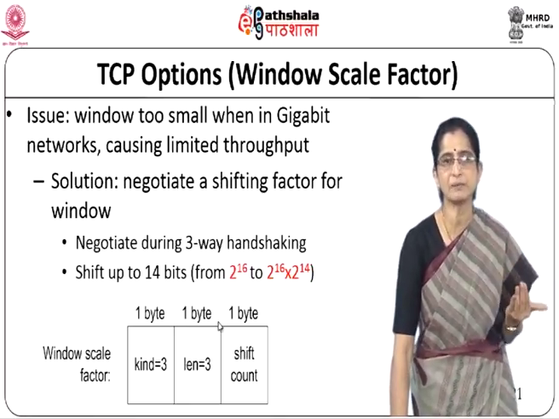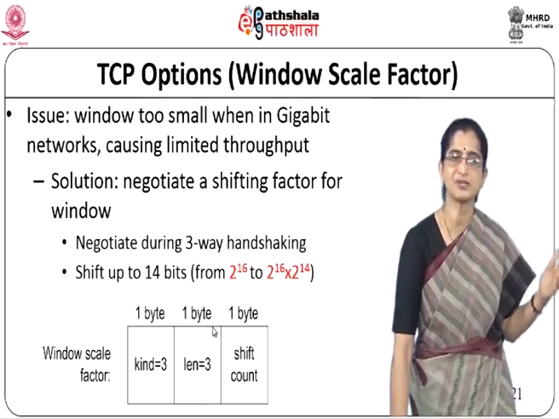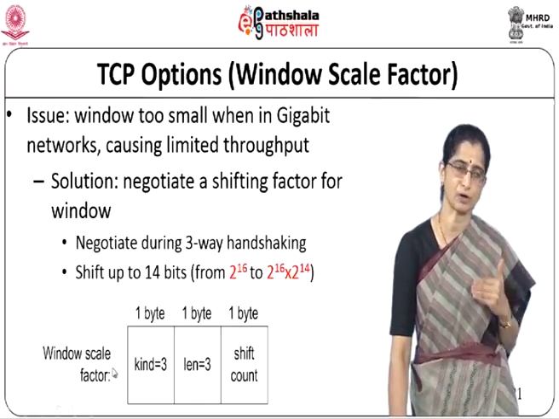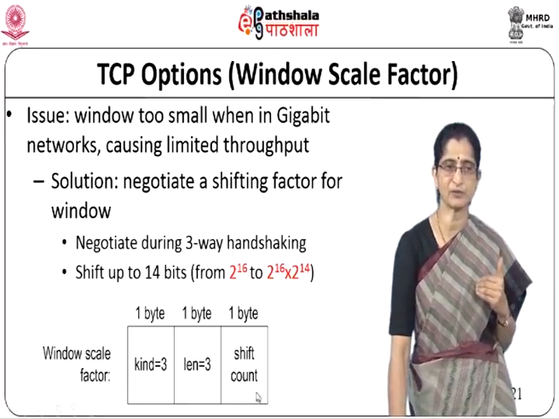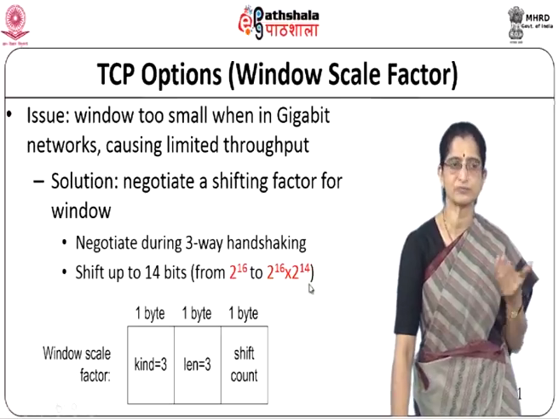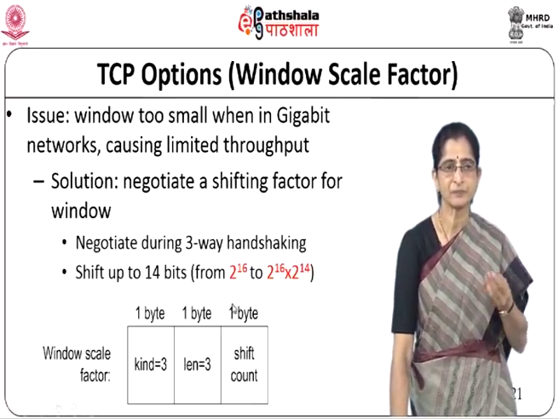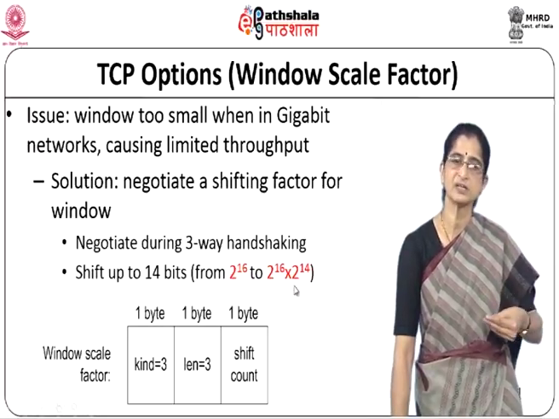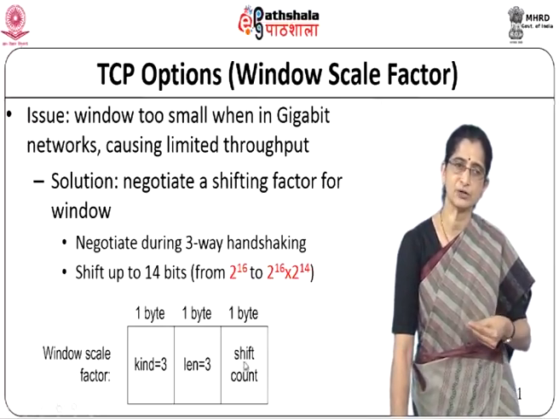The moment I multiply it by the scaling factor, I am able to support larger window sizes. This is what is supported with the help of this particular option. With the window scale factor, you specify the shift count. So if you specify a shift count of 14 bits, it means that you are multiplying the value given in your window size, which can go up to 2 power 16, by up to a value of 2 to the power of 14.